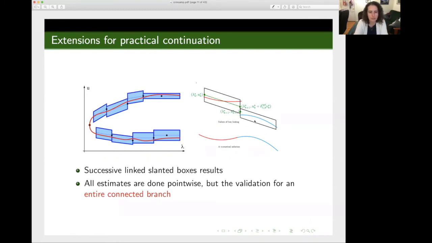And rather than give the condition now, I'm going to give it later when I develop my refined version of this theorem. And so anyway, the point is, by doing these successive boxes that are linked together, we can actually get validation for an entire branch. So basically find the box, show that the boxes link, and do this successively, and we can get these entire branches.